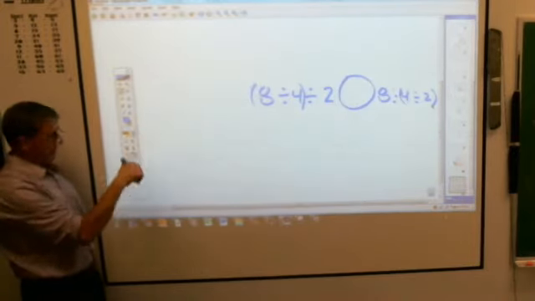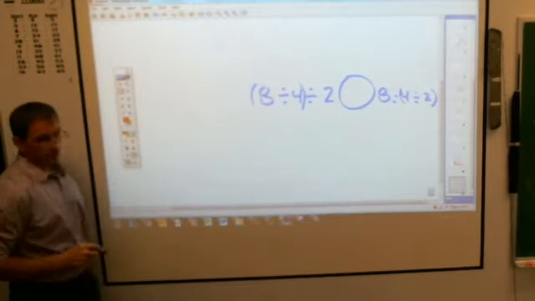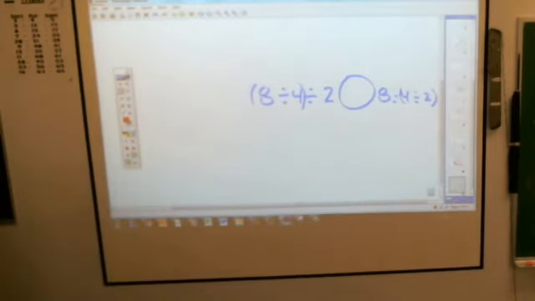Okay, now please don't get it in your head, even though they're the same numbers, 8 divided by 4 divided by 2 and 8 divided by 4 divided by 2, you might automatically say, well, I'm just going to put equal because they are, to which I'm going to say, they may not be, because yes, it's the associative property, but it's not multiplication or addition.